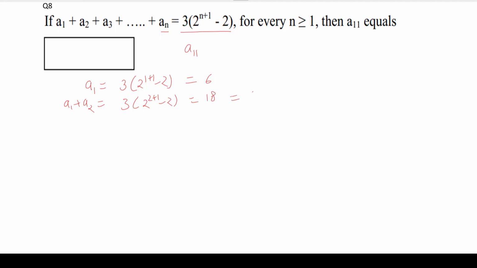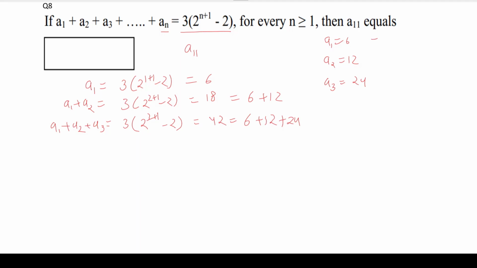That means a2 will be 12. So a1 is 6, a2 is 12. Now a1 plus a2 plus a3 will be 3 into 2 to the power 3 plus 1 minus 2, that will be 42. That means 6 plus 12, 18 plus 24. Now a3 equals 24.